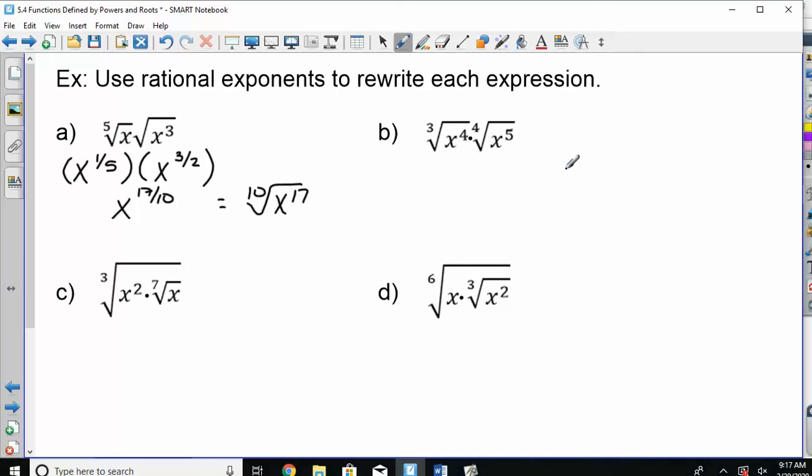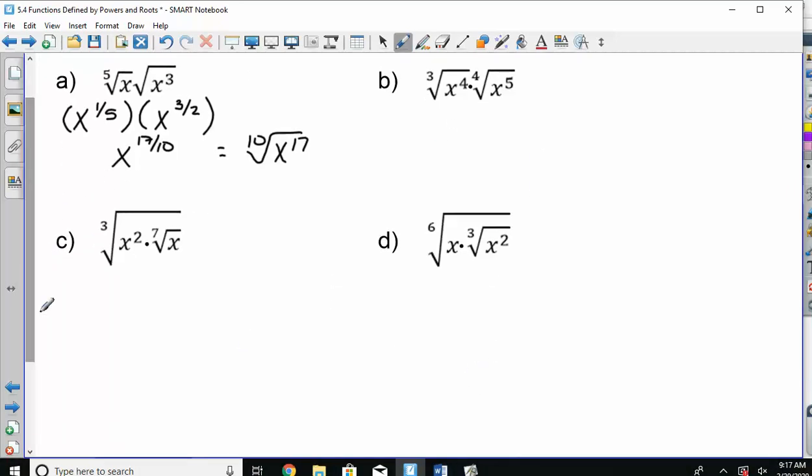Okay, I'm going to do C with you actually, and then I'm going to have you do D on your own. So jumping down to C here. It's a cube root, and then under the cube root you have x squared times the 7th root of x.